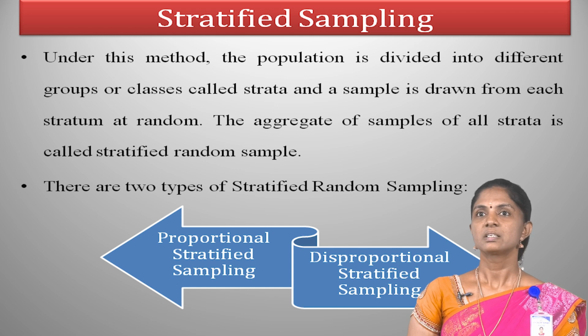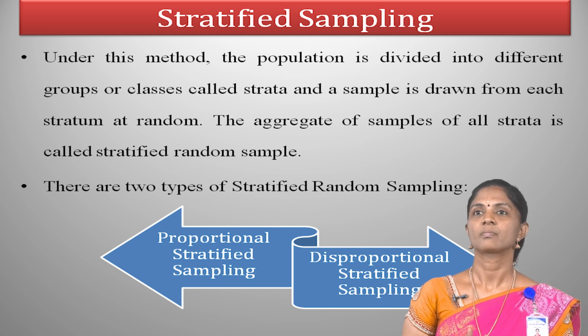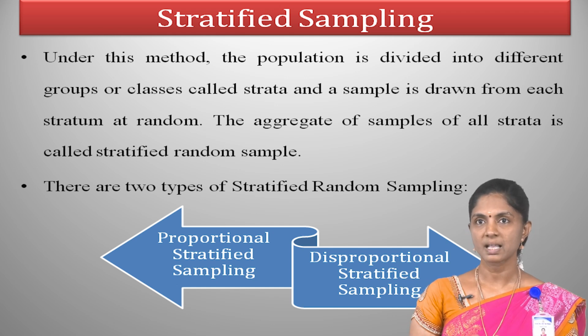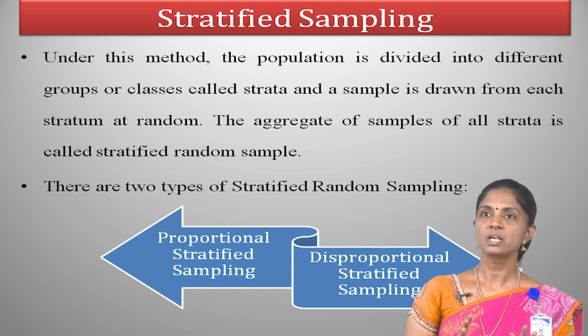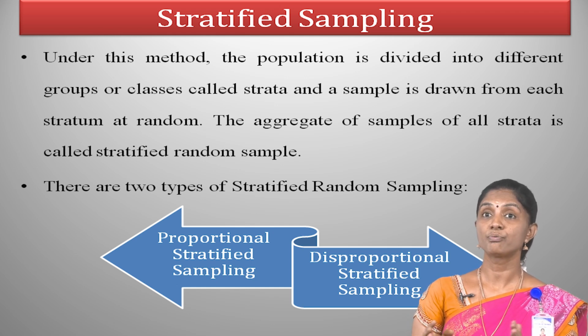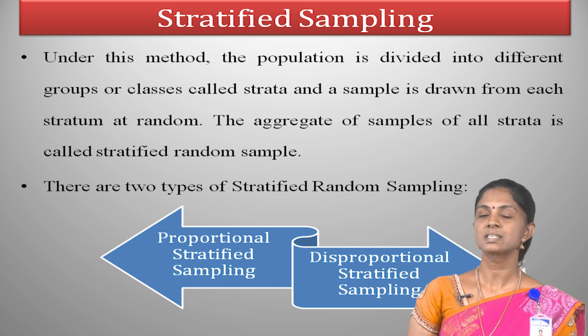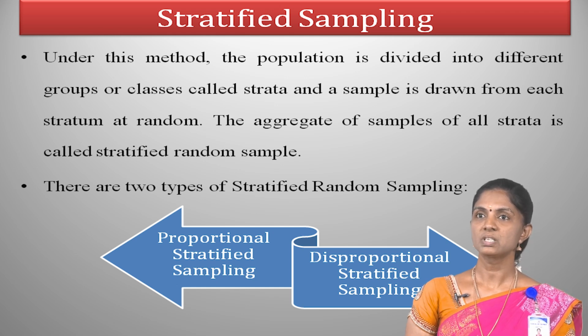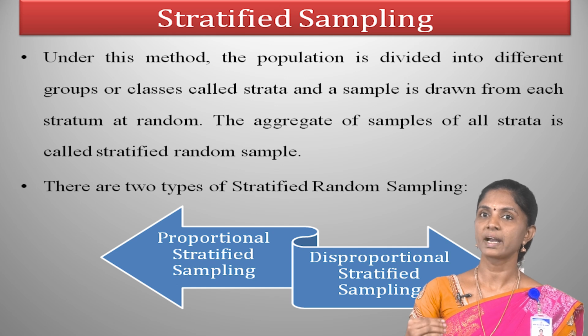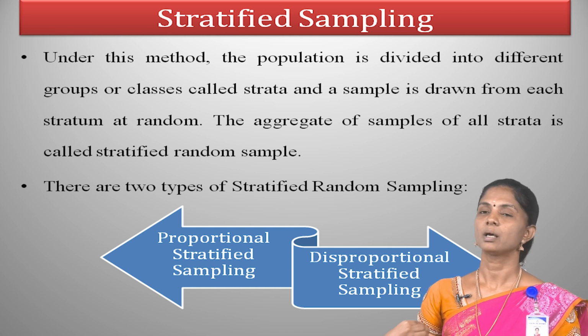Next one is stratified sampling. So, what is stratified sampling? Under this method, the population is divided into different groups or classes called strata, and a sample is drawn from each stratum at random.